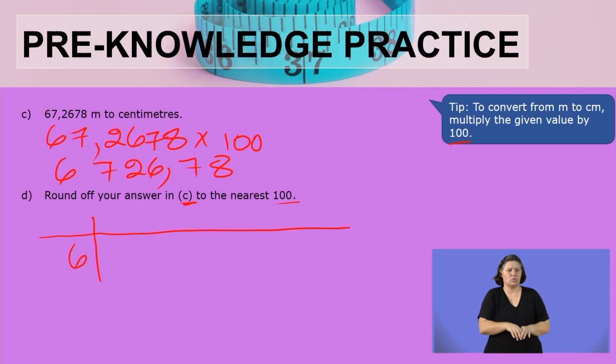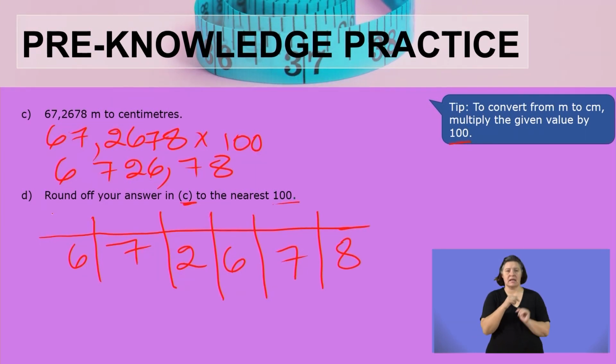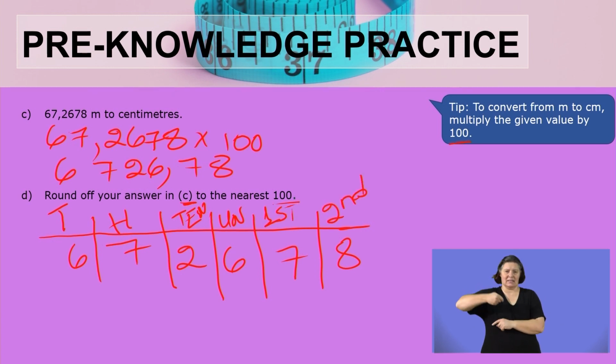So we write each of the values in its own column: 6, 7, 2, 6, and then 7 and 8. 6 is occupying the 1,000th position. 7 is occupying the 100th position. 2 is occupying the 10th position. 6 is occupying the unit. 7 is the first decimal place, and 8 is in the second decimal place.